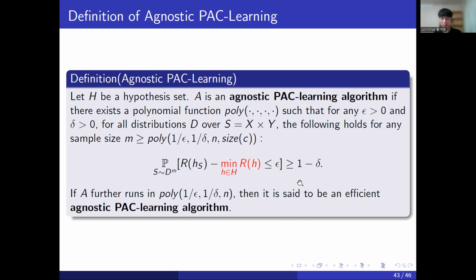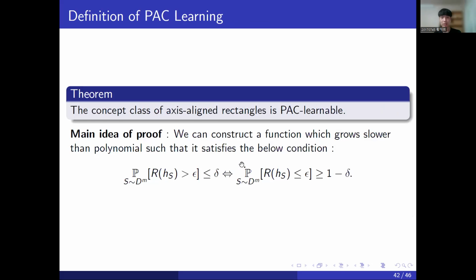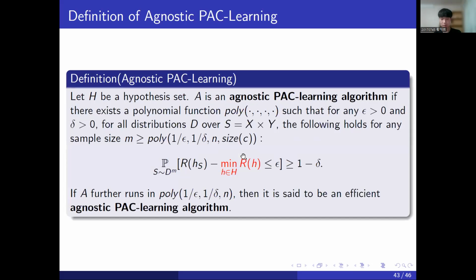The important part is here, which is different from the previous definition of PAC learnability. This means that there does not exist an exact answer in the hypothesis set, so we choose the nearest answer from the hypothesis set.